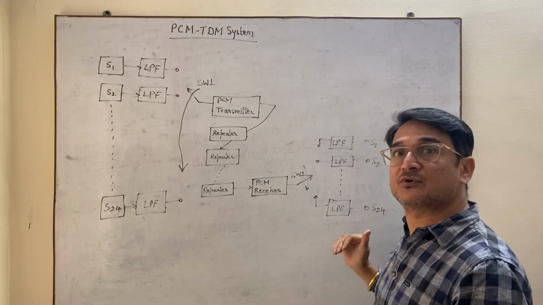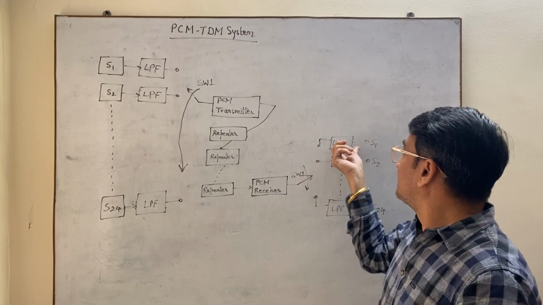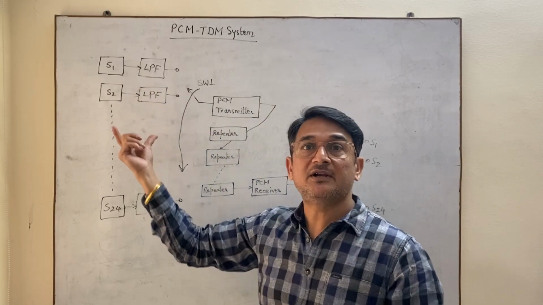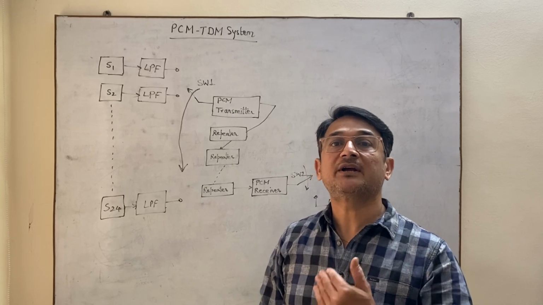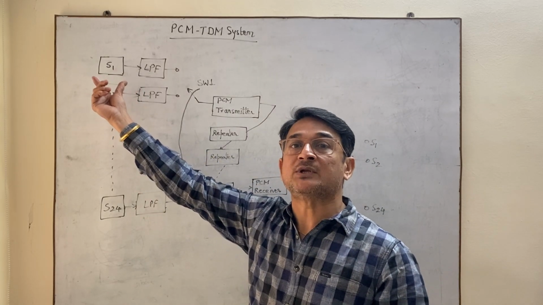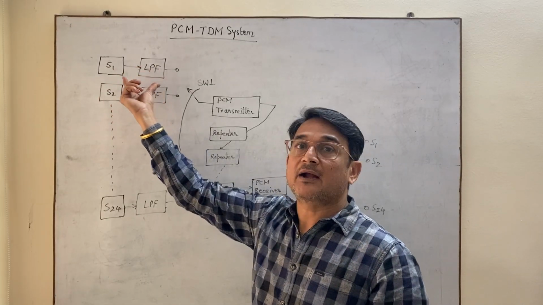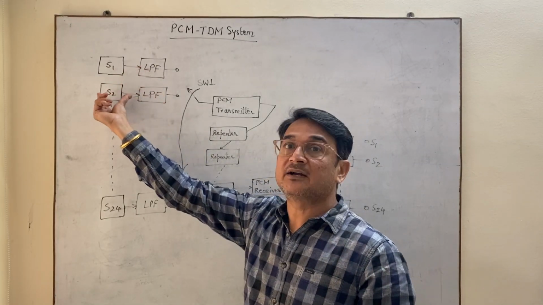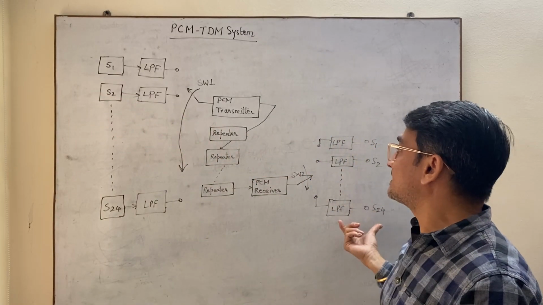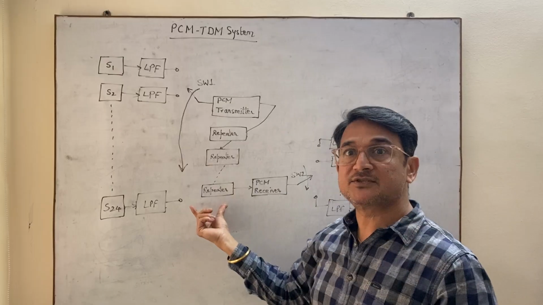So all 24 voice channels are received separately. These low pass filters are used to remove any unwanted elements added to the voice frequencies. To eliminate these unwanted signals, we have connected low pass filters at the transmitting end as well as the receiving end.